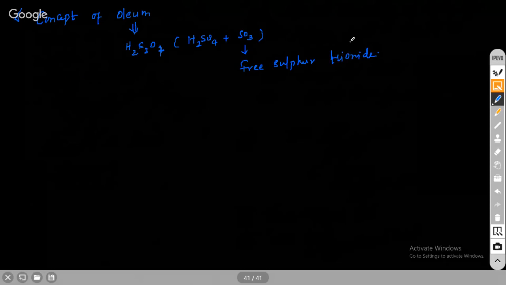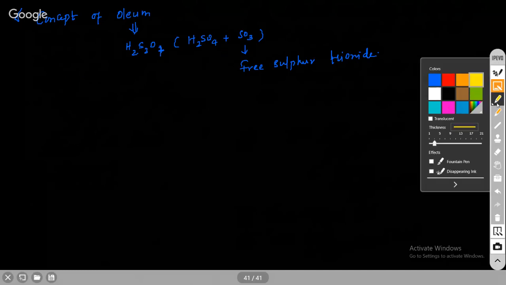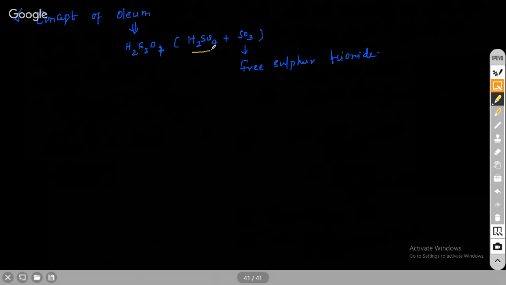Now, what happens when we dissolve this oleum in water? This oleum contains a small amount of H2SO4, but when we dissolve it in water, the free sulfur trioxide reacts with water and the amount of H2SO4 increases.